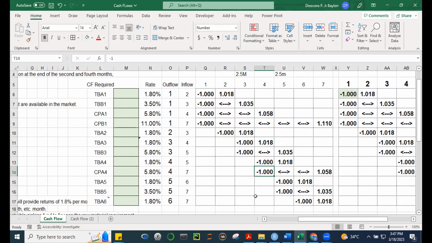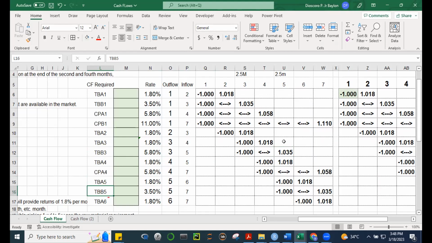Nothing should remain, because this is a sinking fund and everything has to be used for the payment of the supplies. Same thing for the beginning of month 5: 1.035 times TBB3 plus 1.018 times TBA4 minus TBA5 minus TBB5 should be equal to 0.